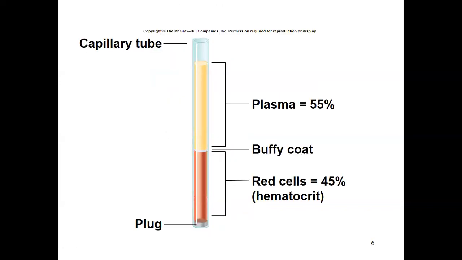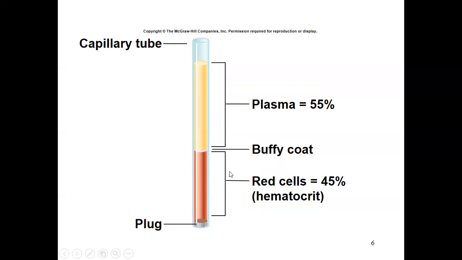This is the same thing. So a capillary tube is just another really small tube. And instead of using a capillary tube in a centrifuge, what usually happens is they draw the blood and they just kind of let it sit and separate on its own according to weight. So what we notice here is that you have the separations of plasma, that buffy coat of white blood cells and platelets in the middle, and then your red blood cells at the bottom.